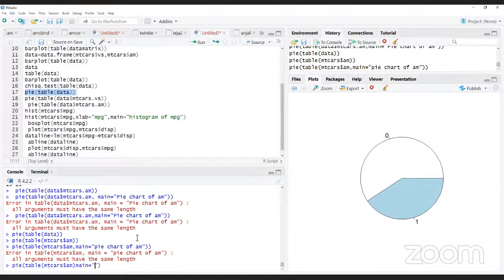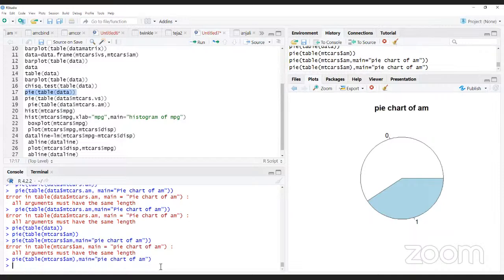But I think there will be a comma. Yeah, now you get it. So be careful, after the bracket a comma will be there.